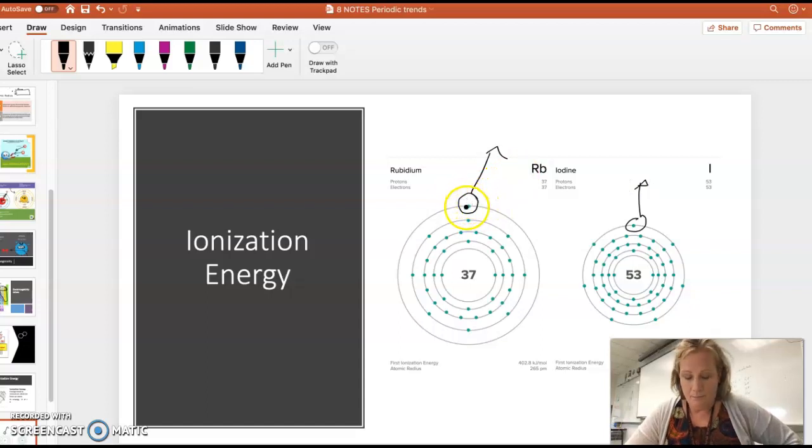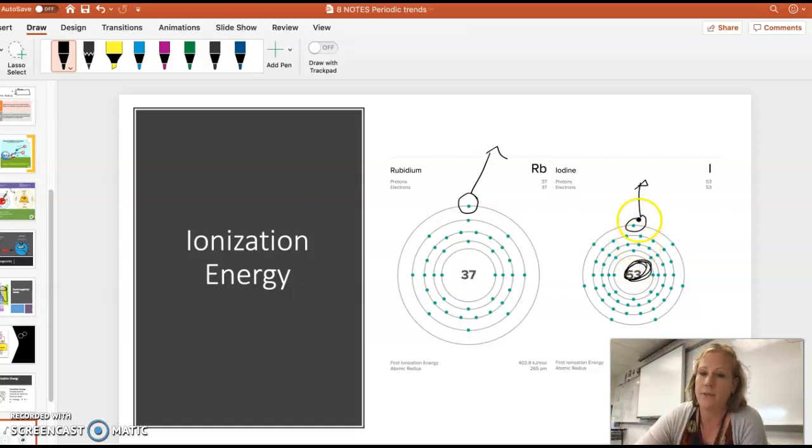Rubidium and iodine are in the same period, so they have the same number of energy levels. But you can see that because iodine has a stronger positive nucleus, it pulls that whole atom in closer and has a smaller radius.